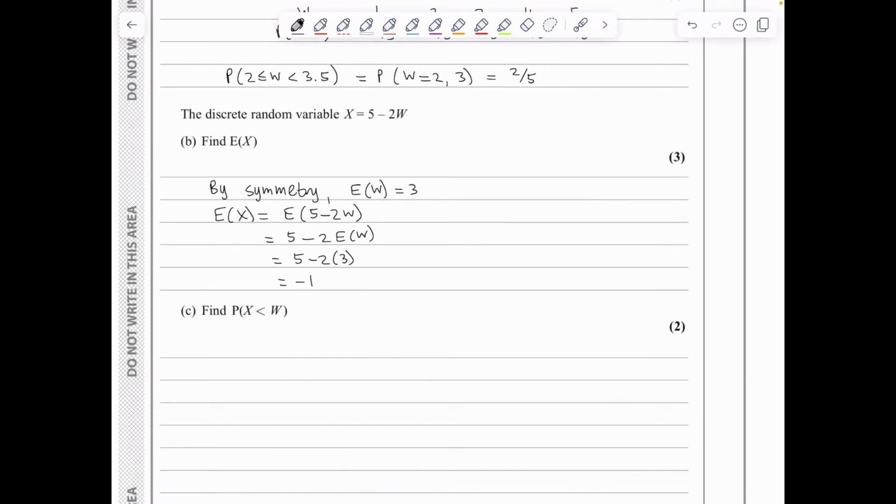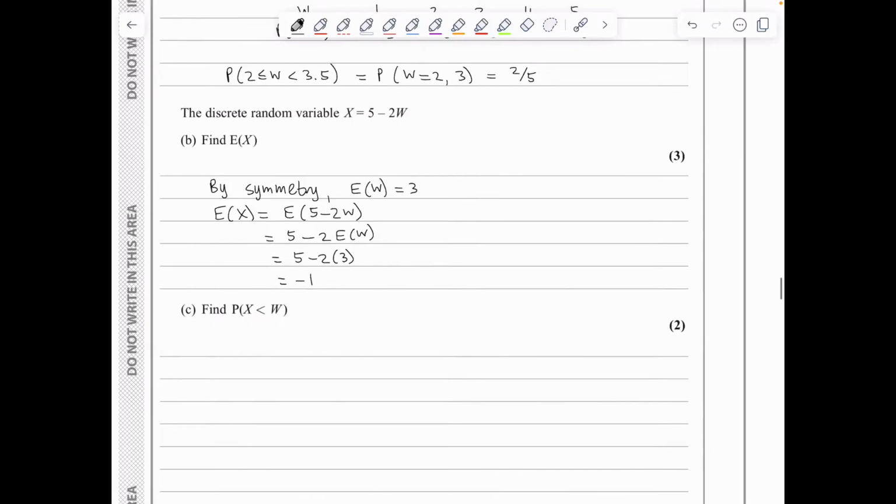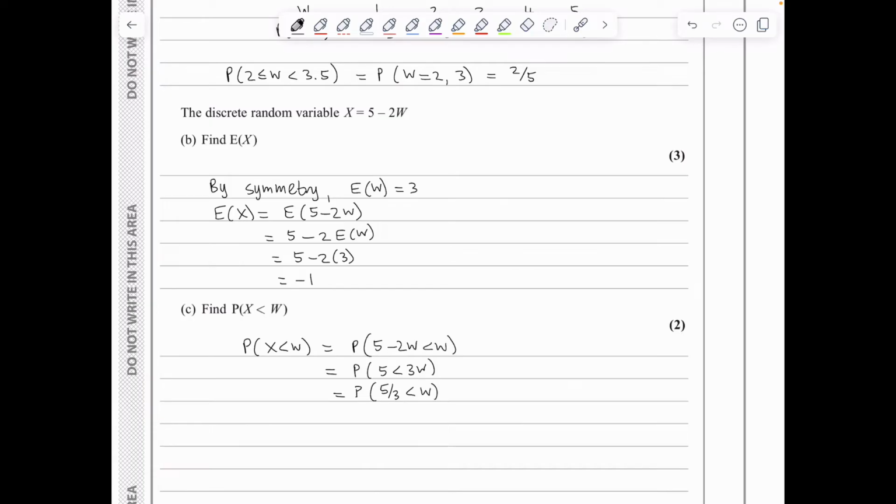To find the probability of X being less than W, I will start by substituting X with 5 minus 2W. So I've got an inequality entirely in terms of W. This is the probability of 5 less than 3W, which is the probability of 5 over 3 being less than W. Well, we know that 5 over 3 is 1.666 or 1.67.